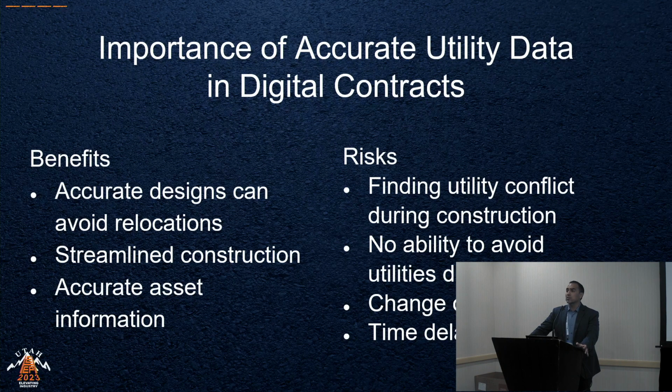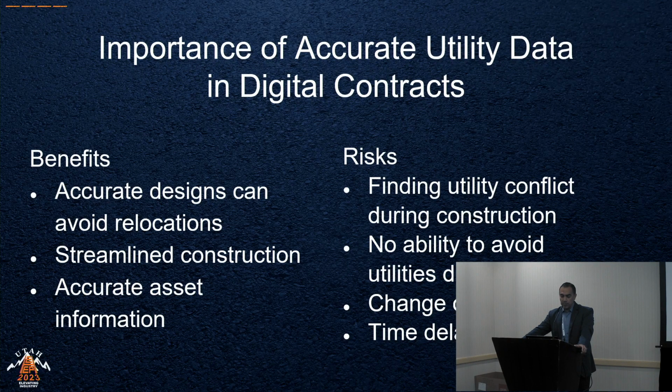We can streamline construction too. Finding utilities in the field happens a lot. One of our mantras at TxDOT is every project is a safety project, right? By expanding the amount of construction and exposing people to field conditions for longer than necessary, we really do increase that risk.